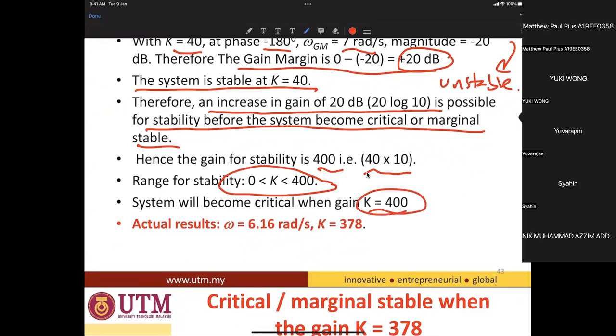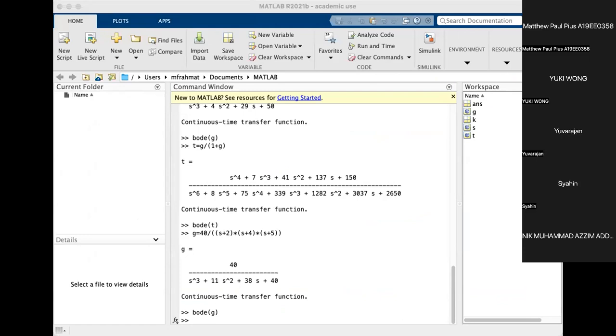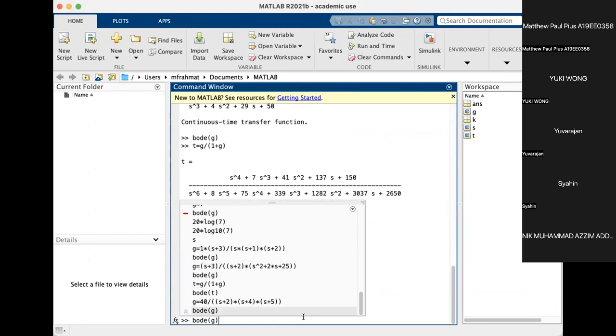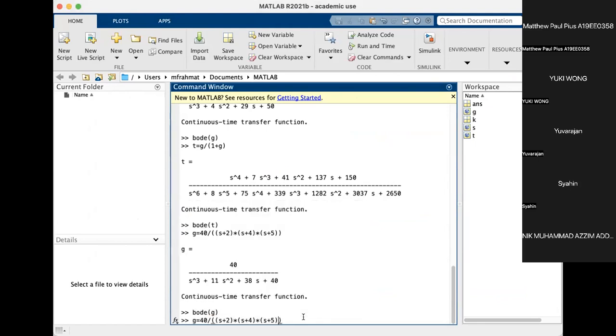Let's say we change the gain just now. Change to 400. Just now it was 40, so we change to 400.